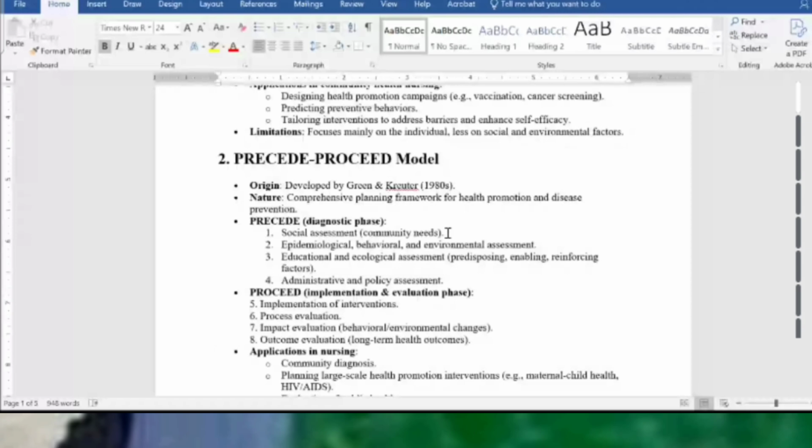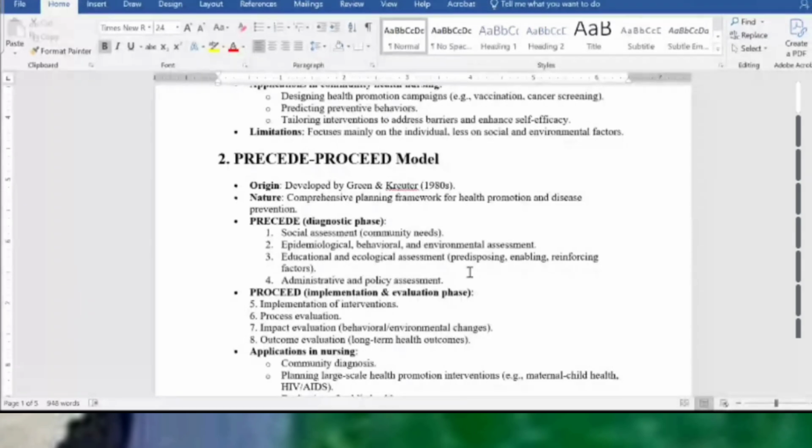Then there is what we call educational and ecological assessment, in regards to predisposing, enabling, and reinforcing factors. We look at whether we have the knowledge, attitude, and skills required to tackle these factors.